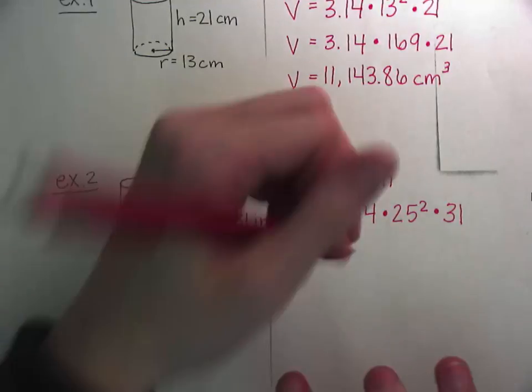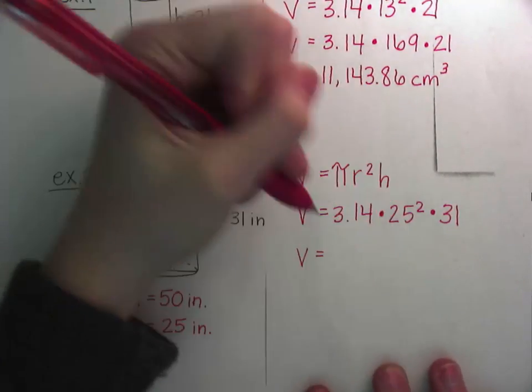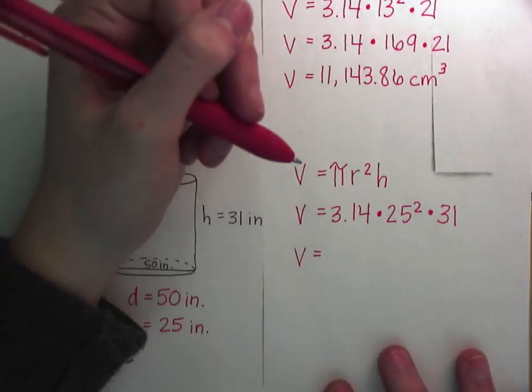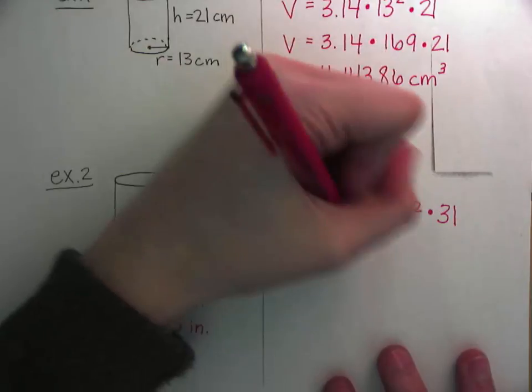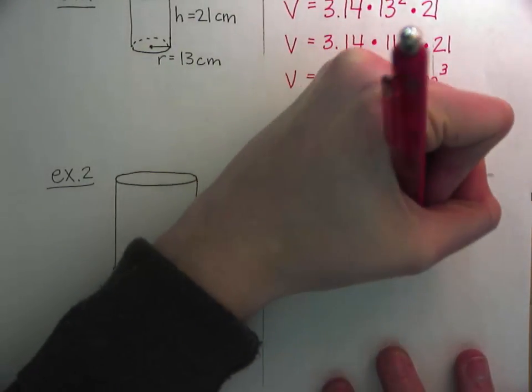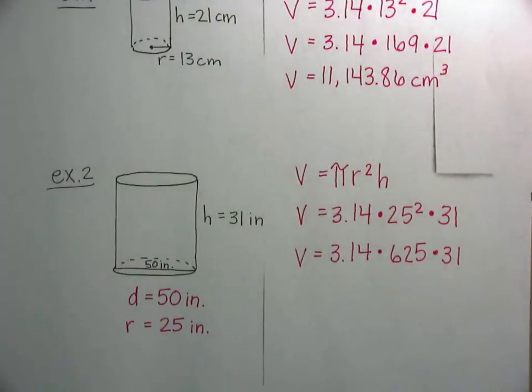Kylie? What is 25 squared? So how am I going to write my next step? All right. Now what's my last step? Zoe?